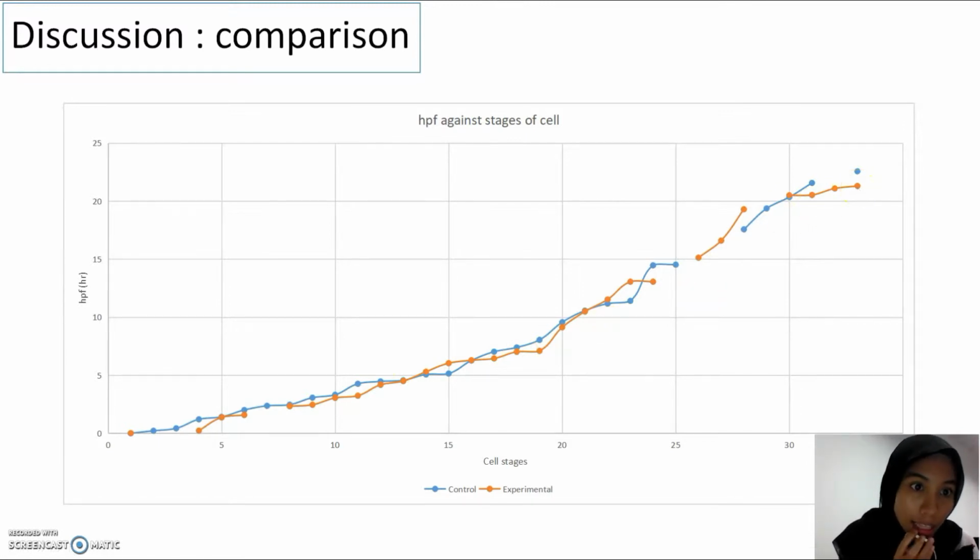However, at the end we can see that the eggs in the experimental hatch faster, at 4:33 p.m., and the eggs in the control hatch at 6 p.m. and show a deformed characteristic.